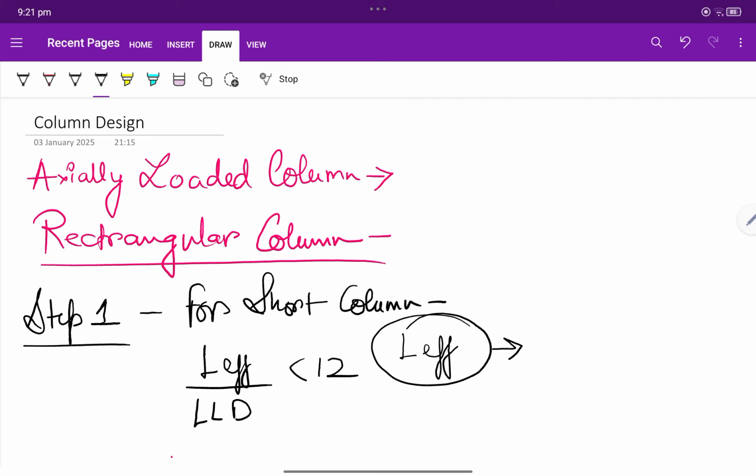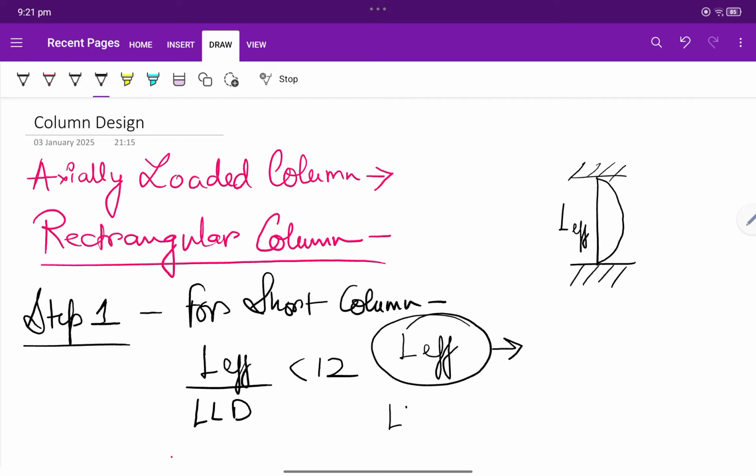If this is a column fixed at both ends, and this is the deflected shape, then the total is the L effective. So the L effective is mainly defined as the length that is responsible for the deflection.